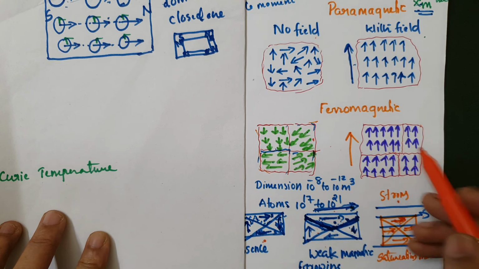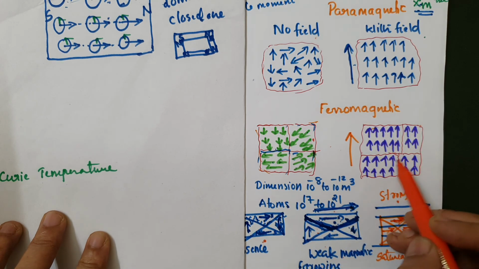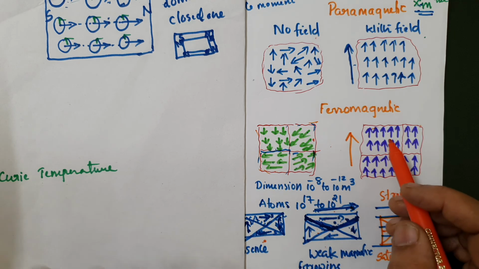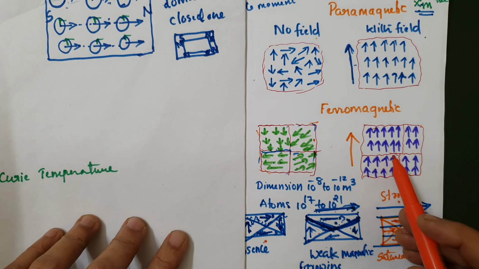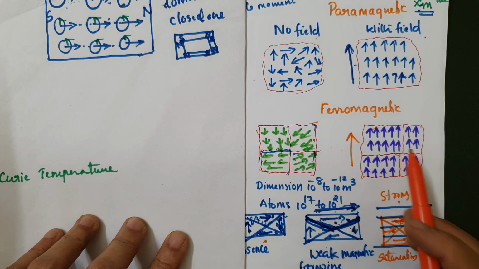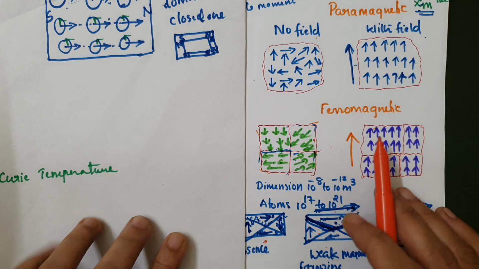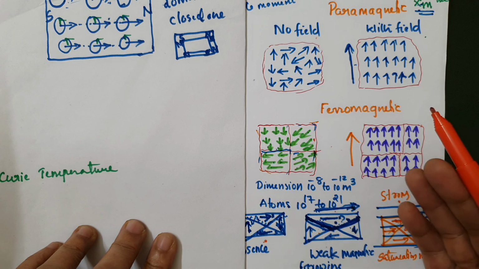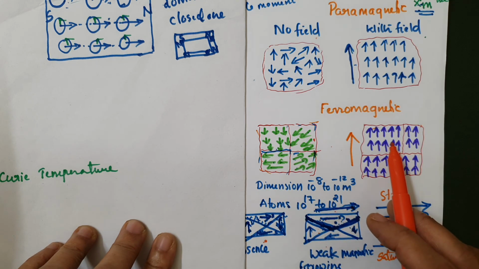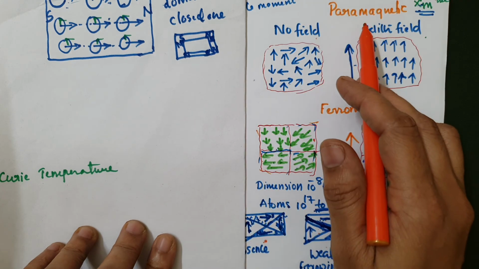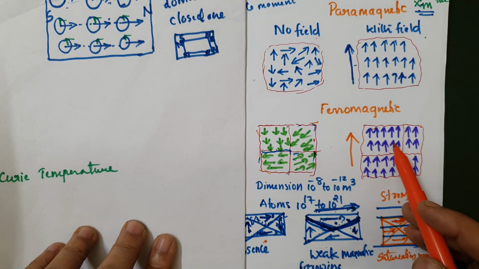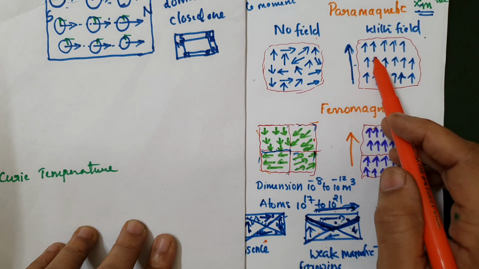But if I increase the temperature of a ferromagnetic material, the domain structure becomes totally disturbed, and it becomes free. And when it becomes free, it forms a paramagnetic material. When this domain structure is lost, it becomes a paramagnetic material.